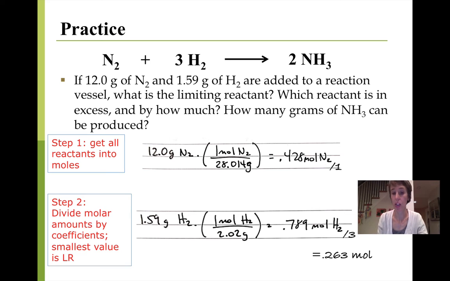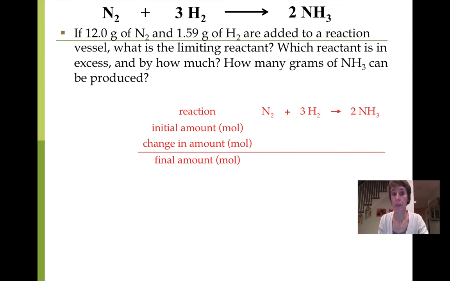So the hydrogen is our limiting reactant. There's more of it in molar amounts, but because we need 3 hydrogens for every 1 nitrogen, we would need even more than we have for the nitrogen to be the limiting reactant. So that's an important step moving forward, that the hydrogen is the limiting reactant.